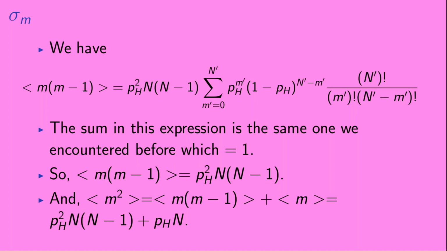And we can also see that the mean value of m squared is equal to the mean value of m times m minus 1 plus the mean value of m. So that means that the mean value of m squared is equal to ph squared n times n minus 1 plus phn.